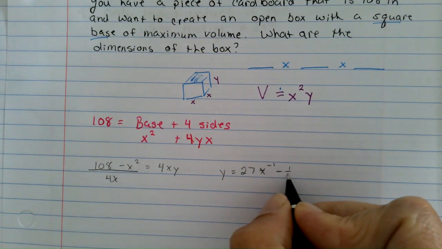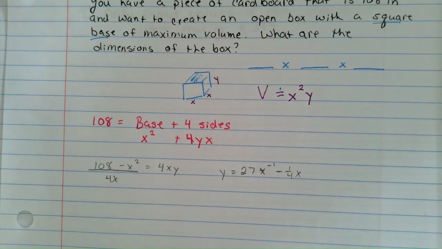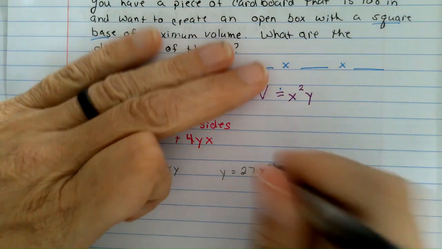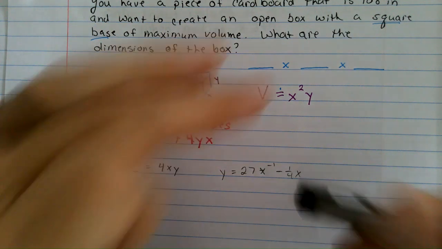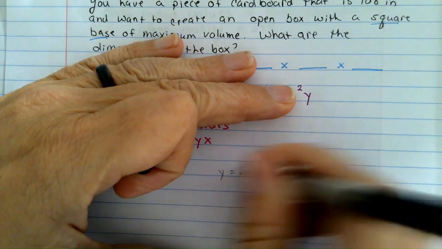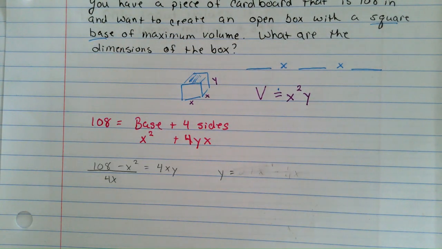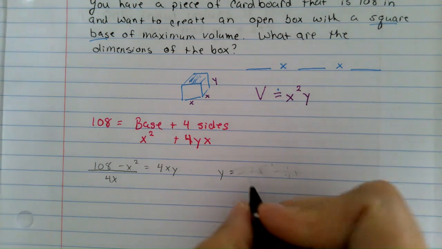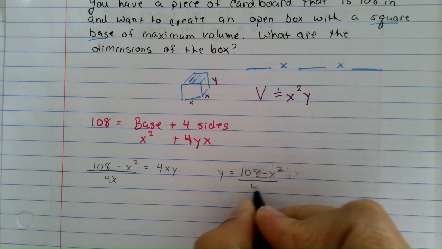Minus 1/4 x. That way we don't have to use quotient rules. No, I'll leave it as it was. We'll keep it cleaner. If I had an eraser, it would be here somewhere. Oh well. I'll just leave it as 108 minus x squared over 4x.